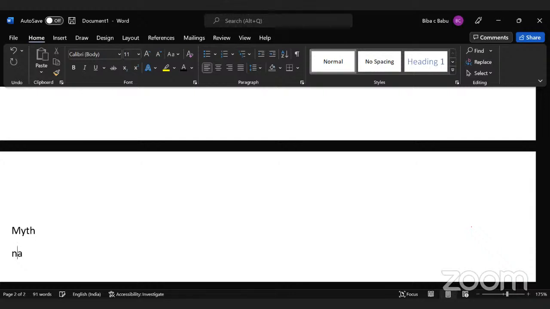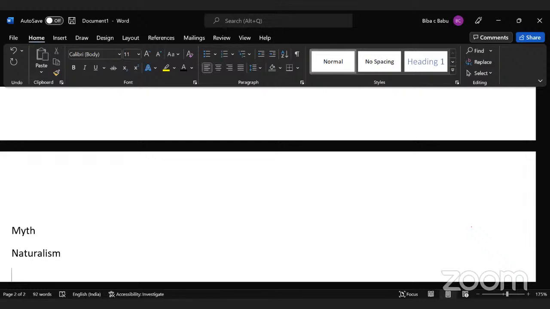Next is naturalism. It will be a movement, right? So this is a 19th century movement in literature, art and film, etc. It believes the idea that environment and the natural world around us determine and govern human nature.